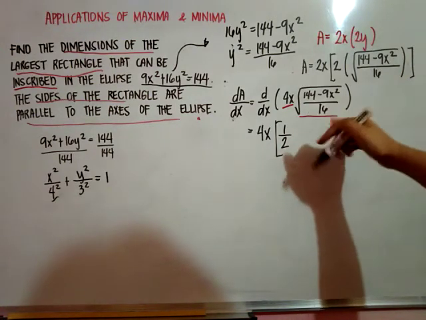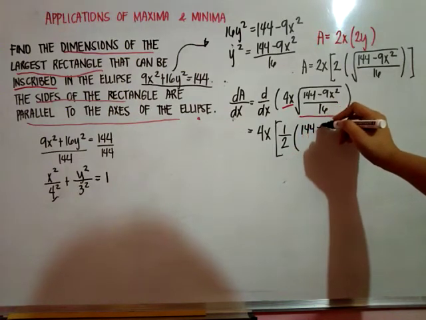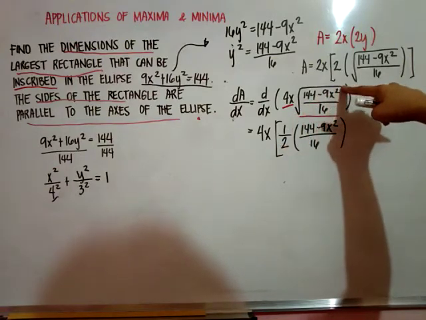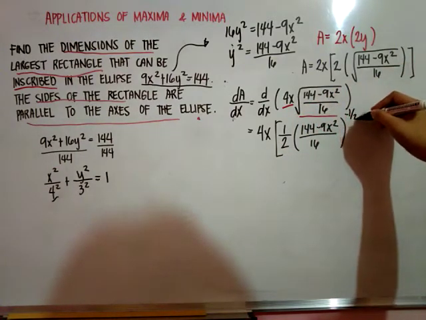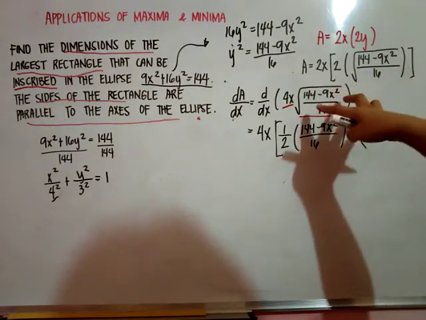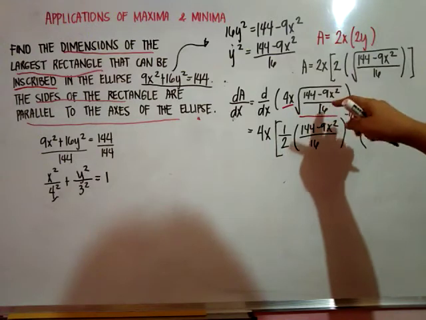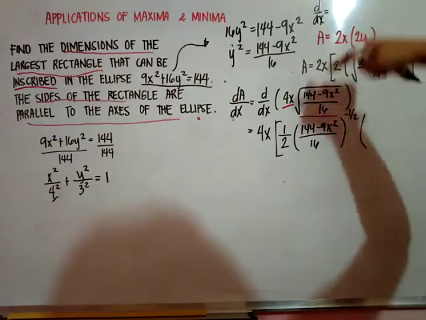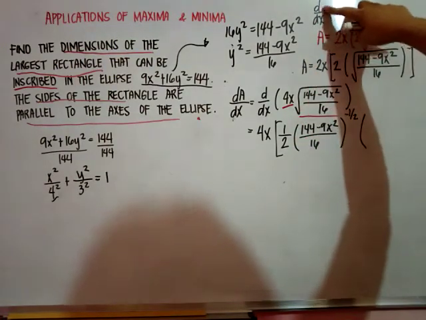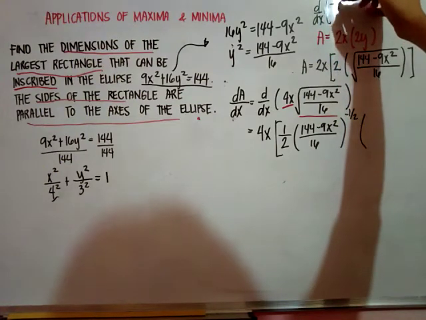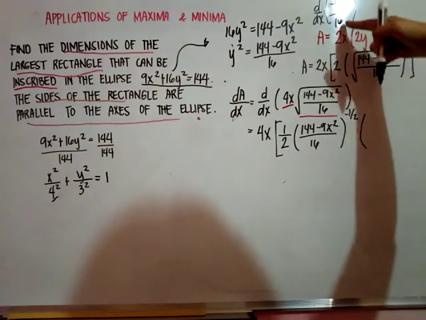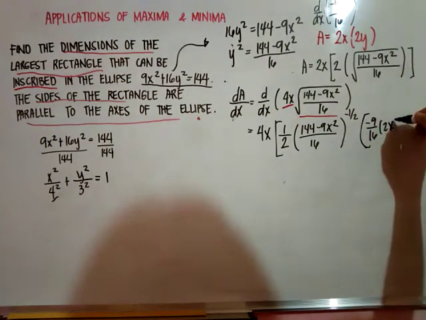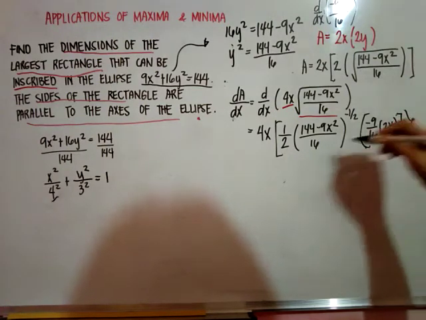We have 1/2 times (144 minus 9x squared all over 16), raised to negative 1/2, since it was raised to 1/2. Then we get the derivative of the radicand, the one inside. The derivative of 144 over 16 is 0. So, what we get here is the derivative of negative 9x squared over 16, which is equal to negative 9/16 times 2x.